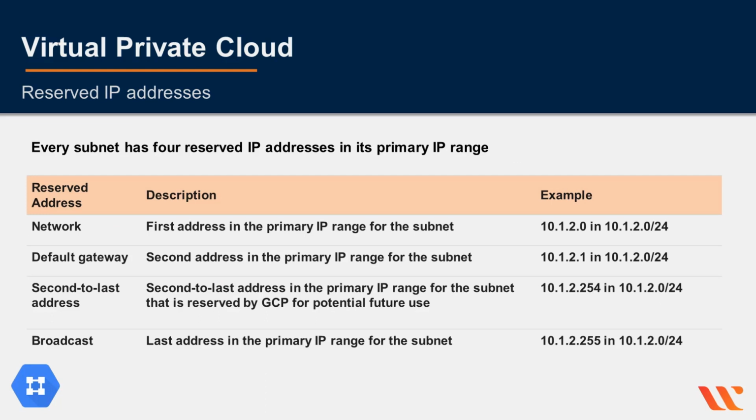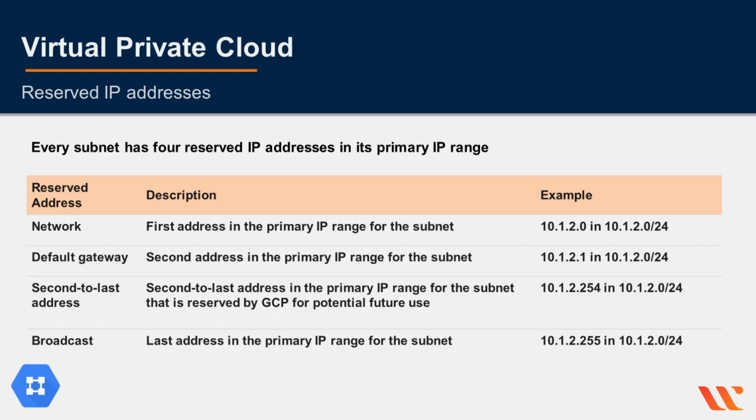Every subnet has 4 reserved IP addresses in the primary range. You have the network, default gateway, second to last address, and broadcast. The network address is the first address in the primary IP range for the subnet. The default gateway is the second address in the primary IP range.